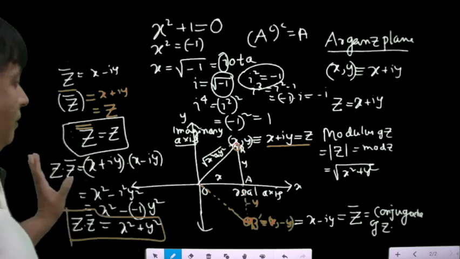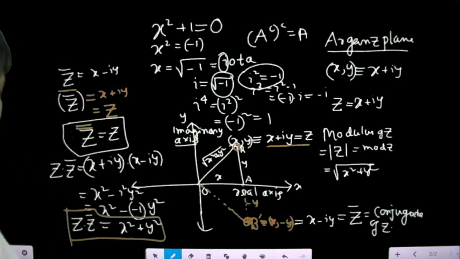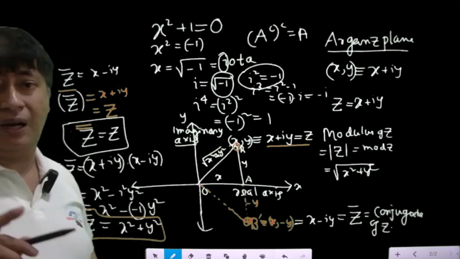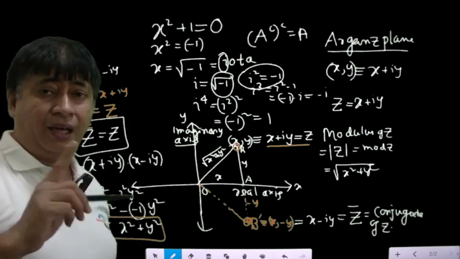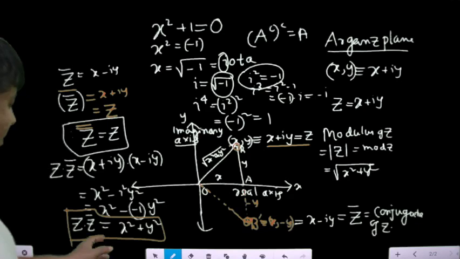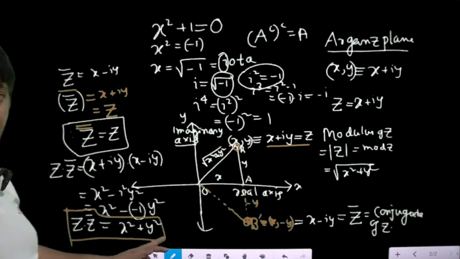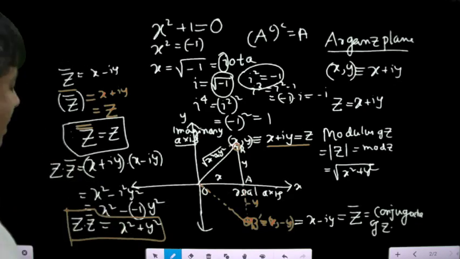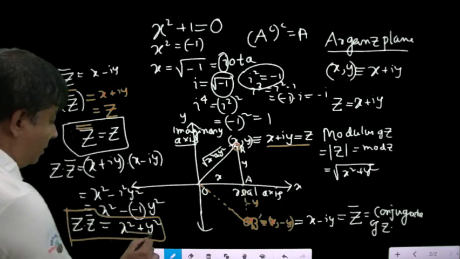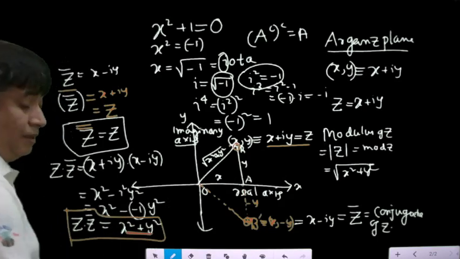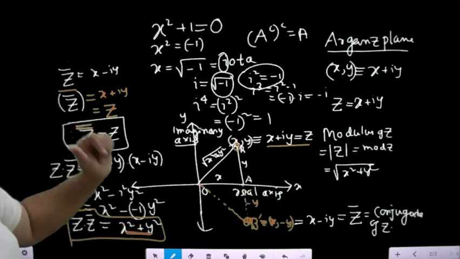So if a complex number is multiplied by its conjugate, then the product will give you a real number. Understand? It is a real number, no longer a complex number. Why? Because there is no i term.